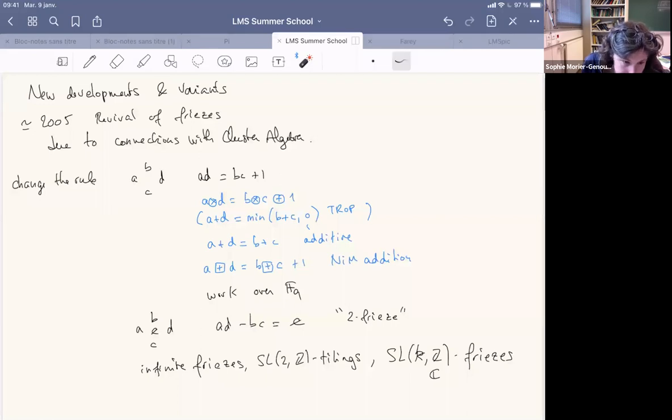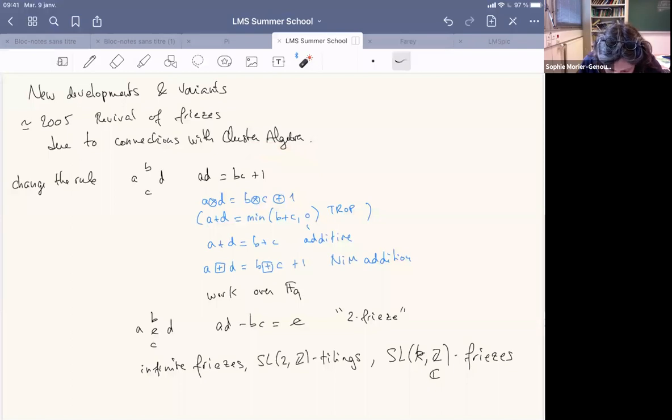Okay, and as I said also, this connection with cluster algebra is because the frieze rule is the same as a mutation in the cluster algebra, or that can be produced from a quiver. A quiver is an oriented graph. So you can also change the quiver and get more frieze. For example, there is a quiver that gives you the Markov numbers.